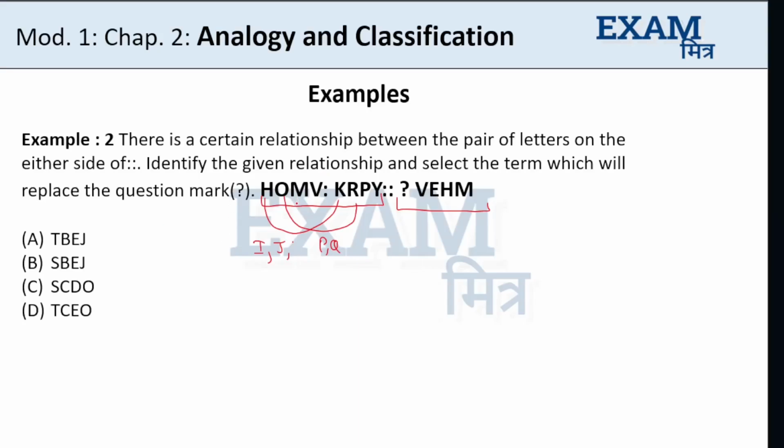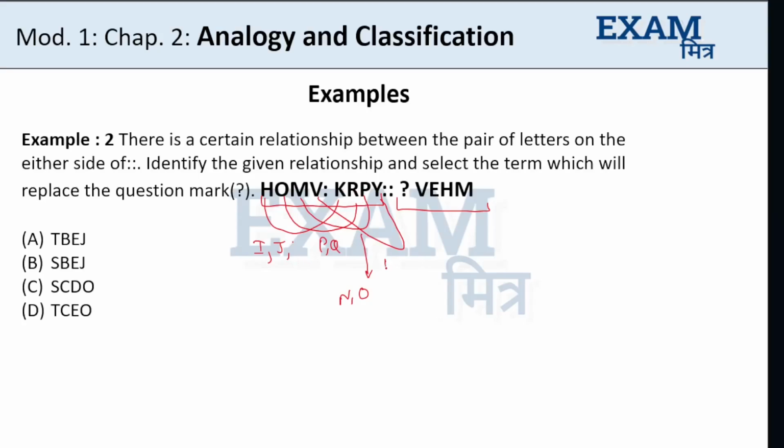Now see, how is this M related to P? You can easily see M, then comes N, then comes O, and then the next is P. That means we are skipping N and O to get the next part, that is P. Similarly, can I skip two letters to get Y from V?